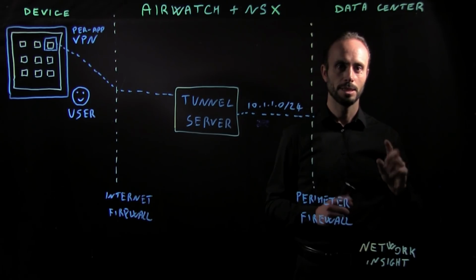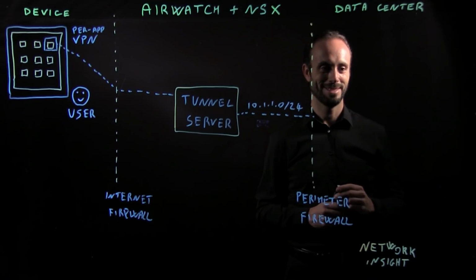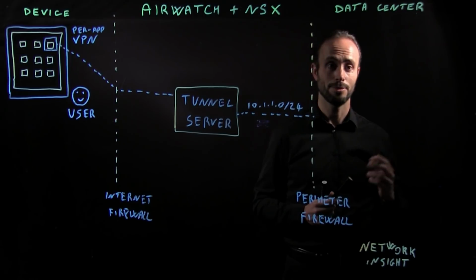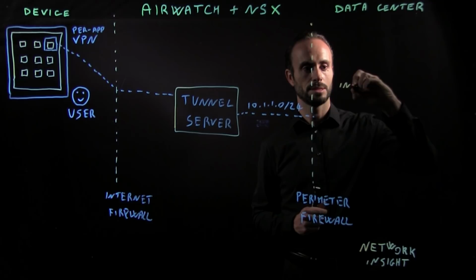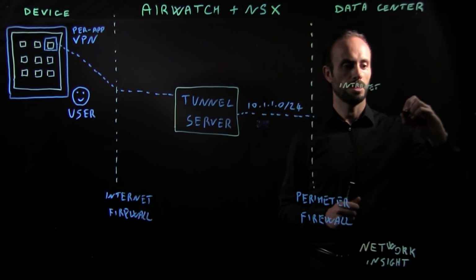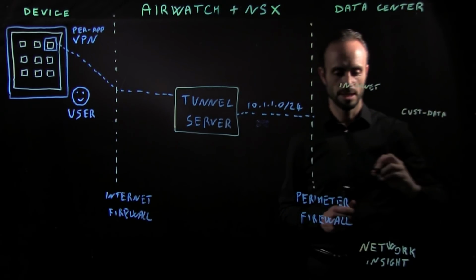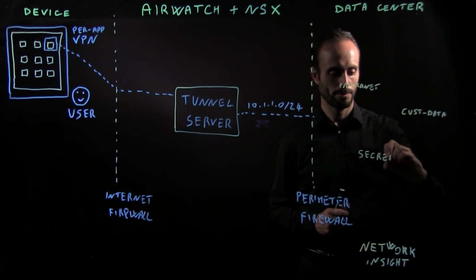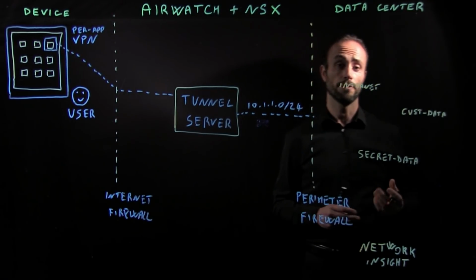For the sake of simplicity, let's design a very simple service that our device has to access. In this case, we can assume that we have some intranet services, some customer data, and some secret data. In NSX, we use the concept of a security group.